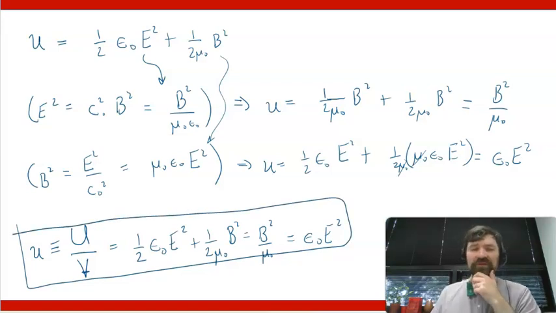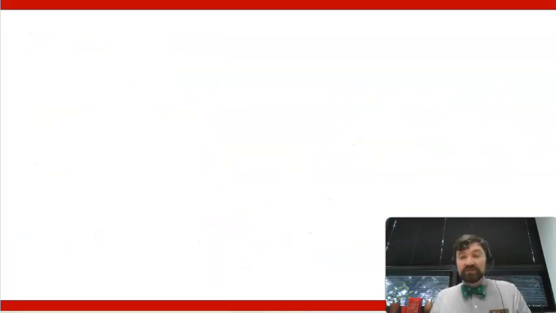Now you may be wondering what energy density has to do with the Poynting vector and intensity. Well, to get the answer to that question, we might consider what's happening with a wave that's carrying some energy.